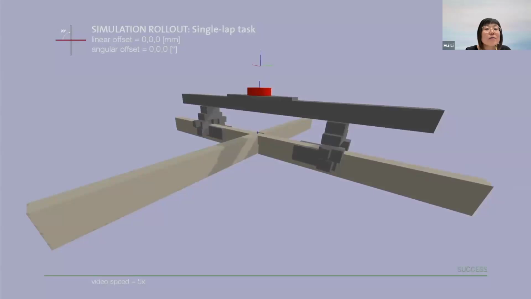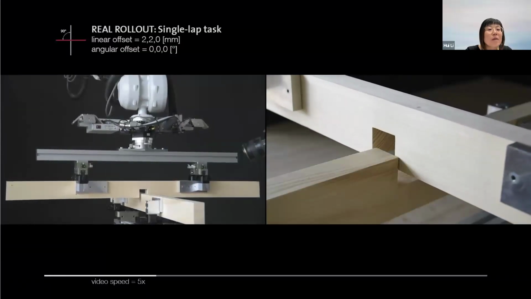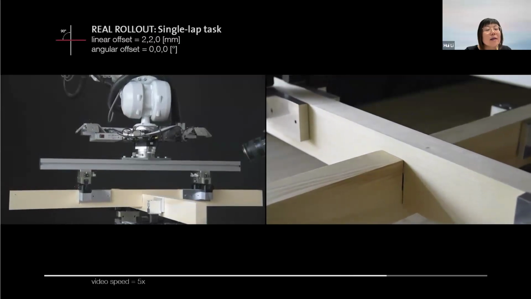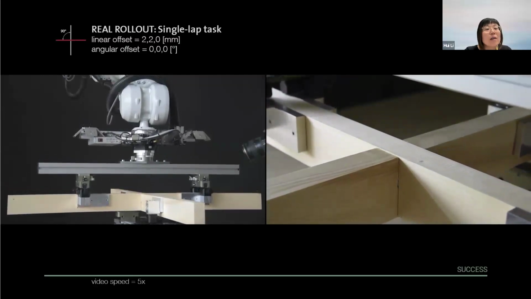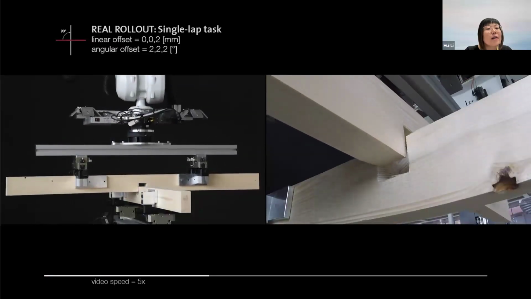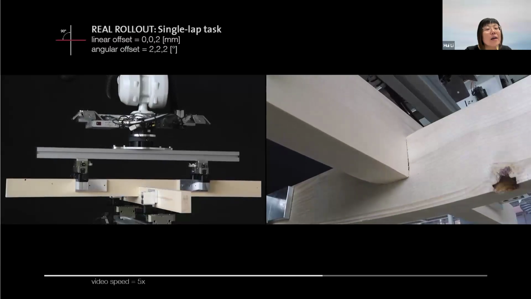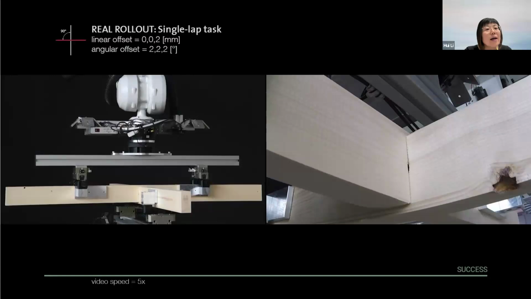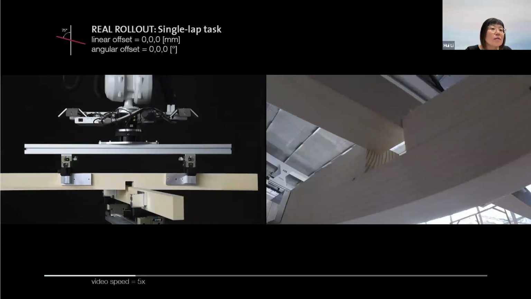We'll see in the next frame. Here, these are real experiments at ETH Zurich, where we roll out the same policy on the wood joints with different, at the time very small, linear offset and angular offset for the joints, as well as different joint angles.